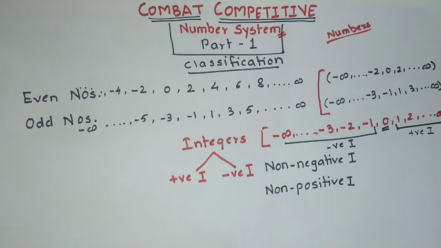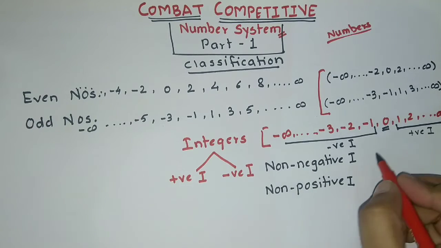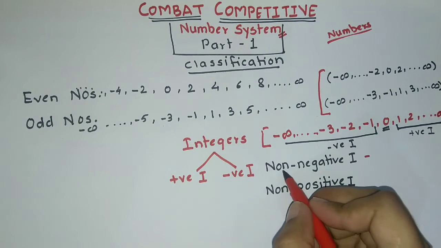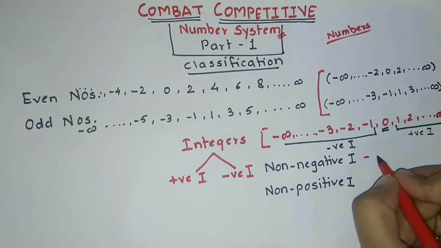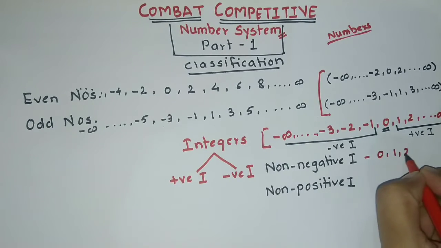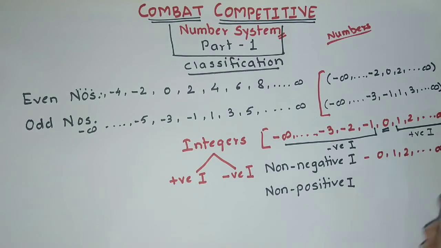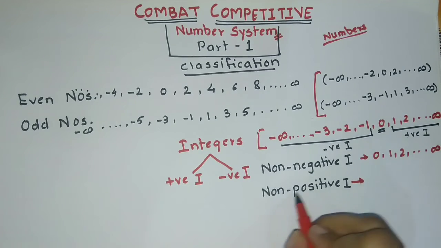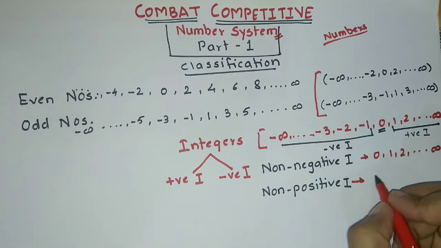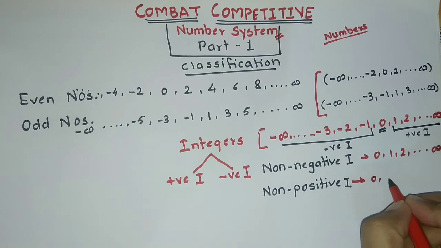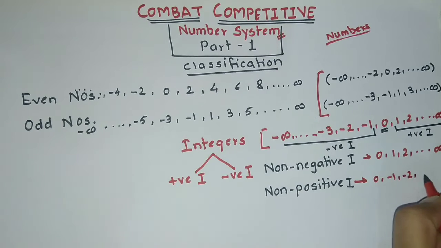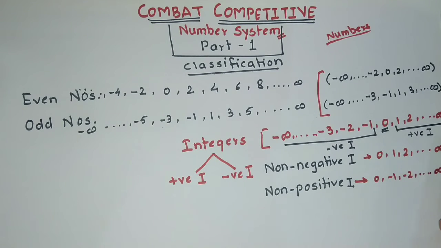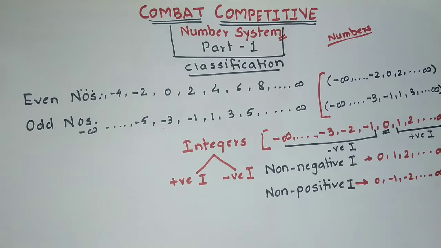If I say non-negative, it means the integers which are not negative. It includes 0, 1, 2 up to infinity. And non-positive integers means the integers which are not positive. It includes 0, -1, -2 up to negative infinity.